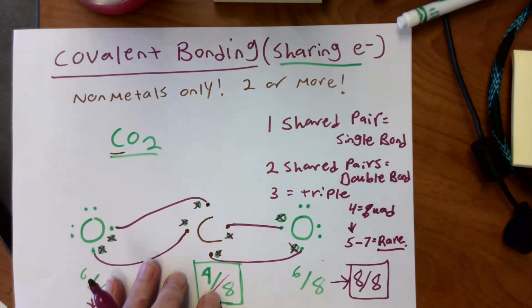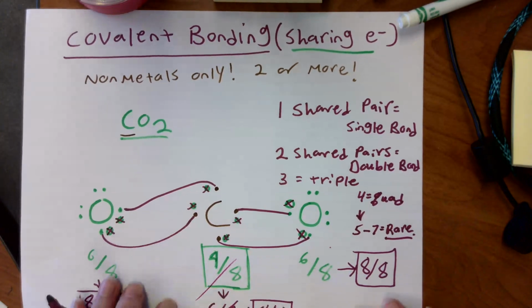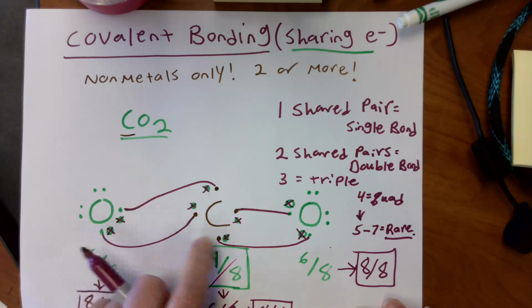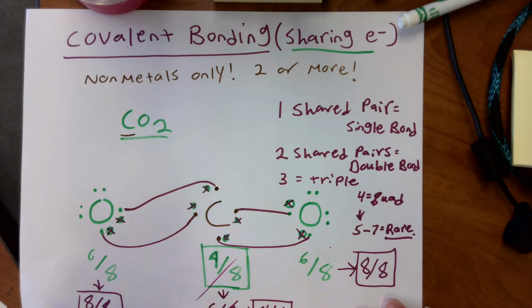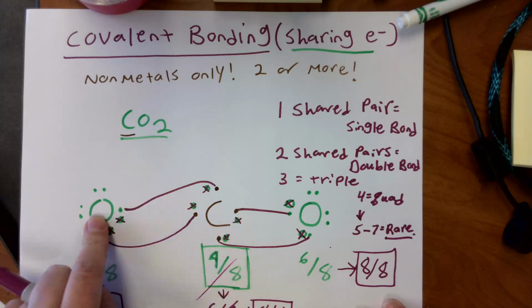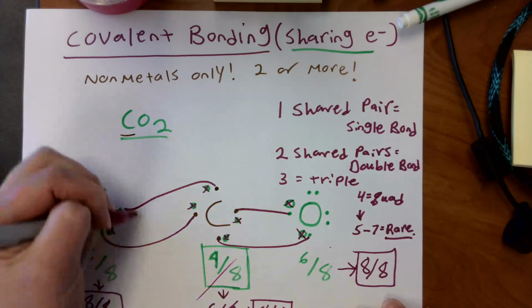So if we look at the bonds between these, we don't count the total number of bonds on an atom. We count the number of bonds between an atom and another atom. So, for example, between this carbon and this oxygen, we have 1 double bond.